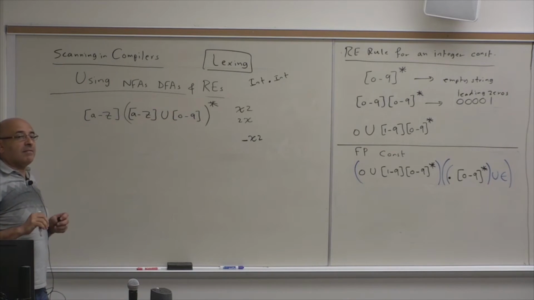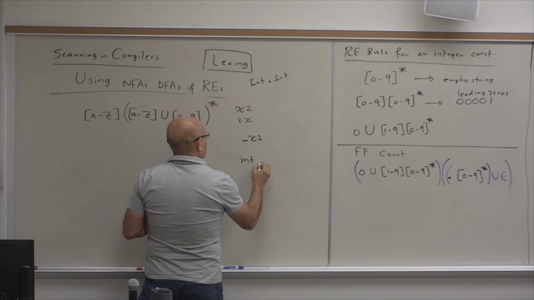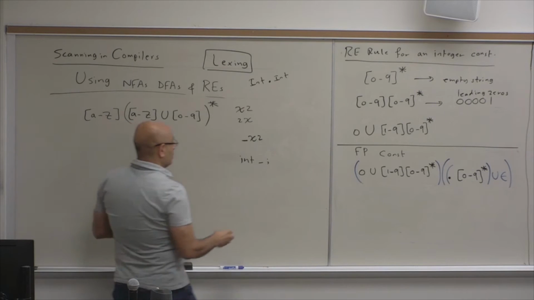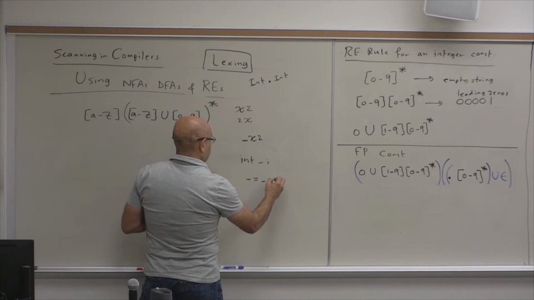In fact, you can have the underscore by itself as a variable name. In fact, you can do integer underscore, and then you can do underscore equals underscore plus 5.